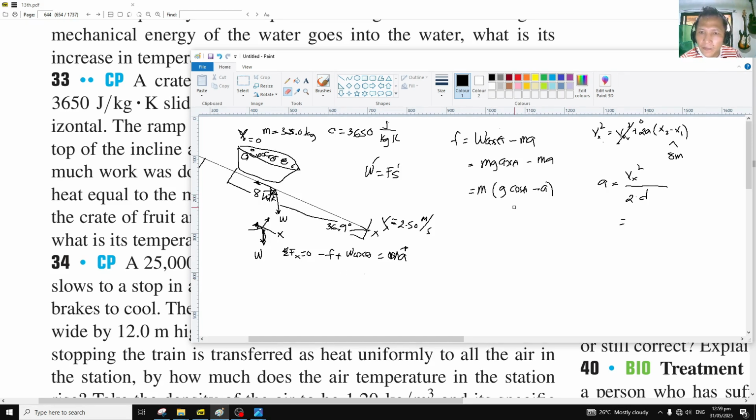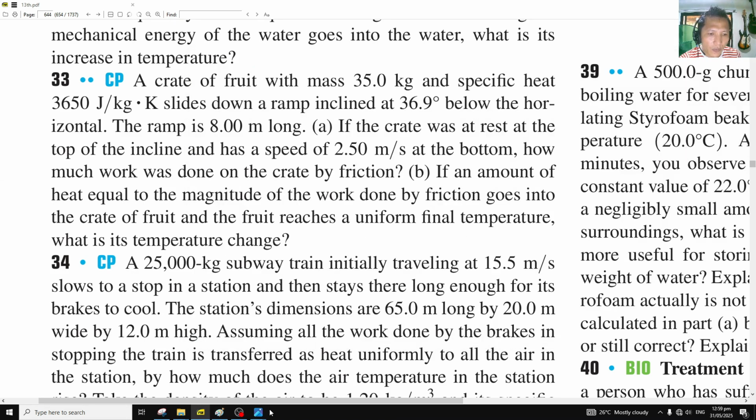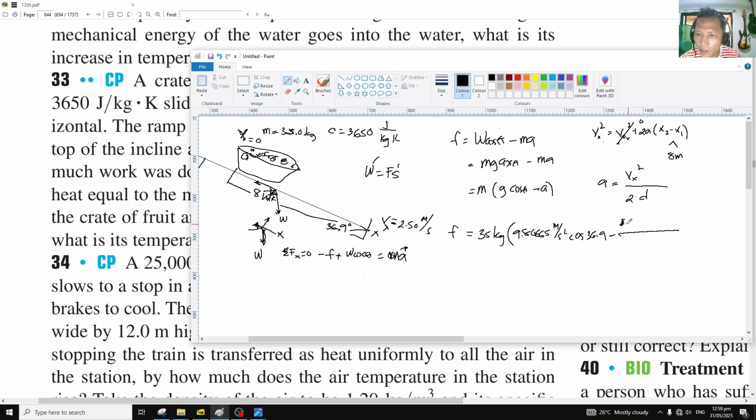Here is the acceleration. So you would have the frictional force: a mass of 35 kilograms multiplied by g, 9.80665 meters per second squared, multiplied by cosine 36.9, then minus Vx, which is 2.50 meters per second, squared, over 2 times your distance of 8 meters.